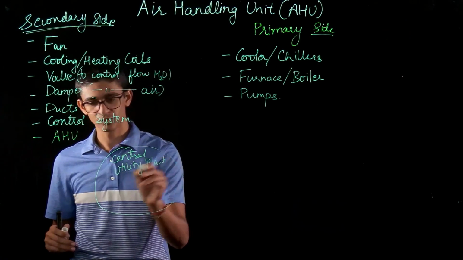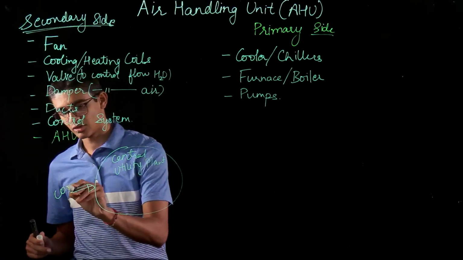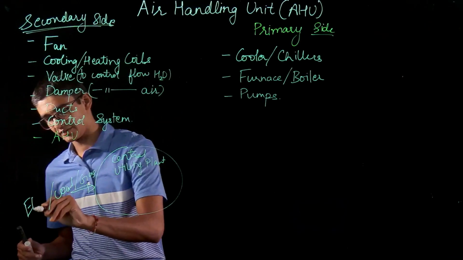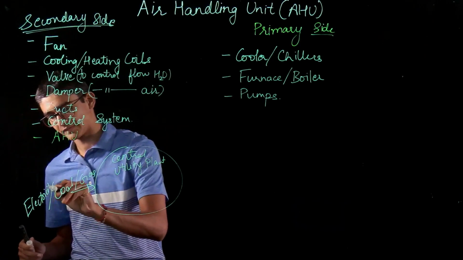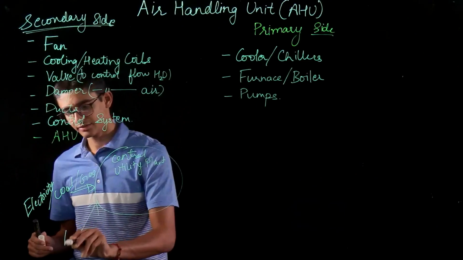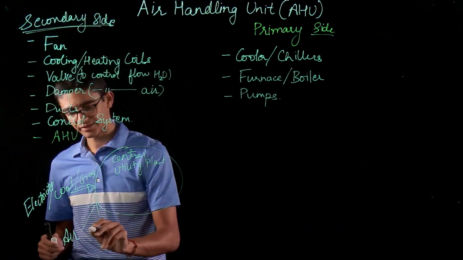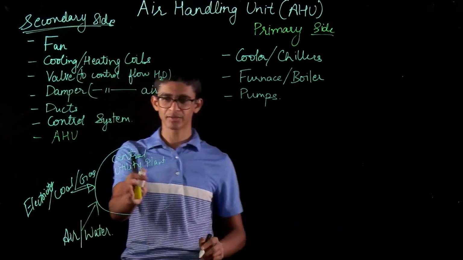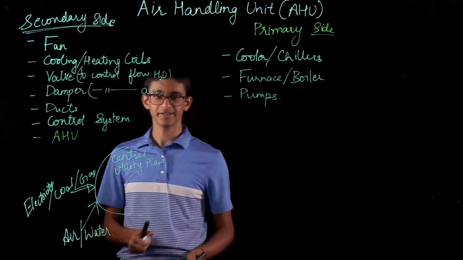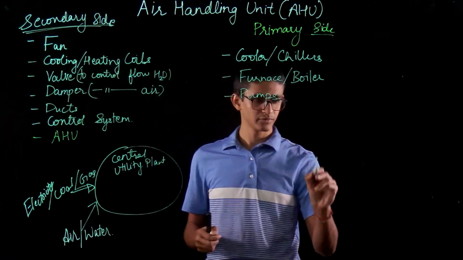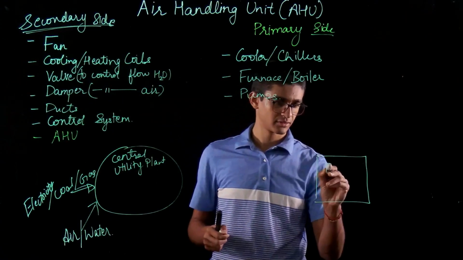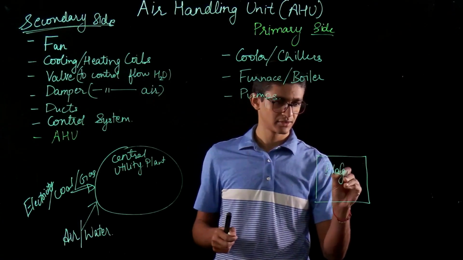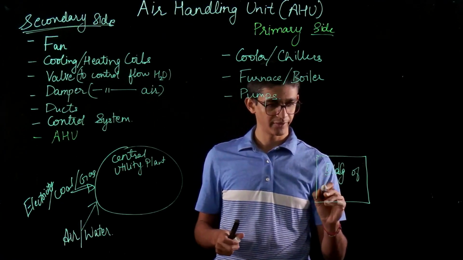So for the setup, we can have a central utility plant. This will have some coal supplied to it, or gas, and electricity. It will have air for the compressor and water coming from some local supply station. And then we have a room or building of interest.